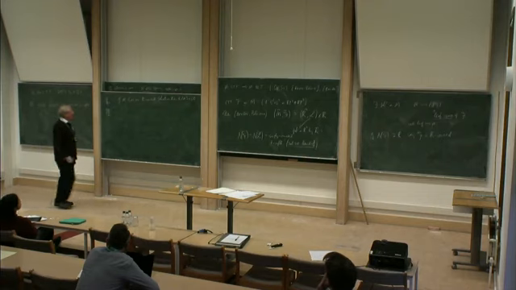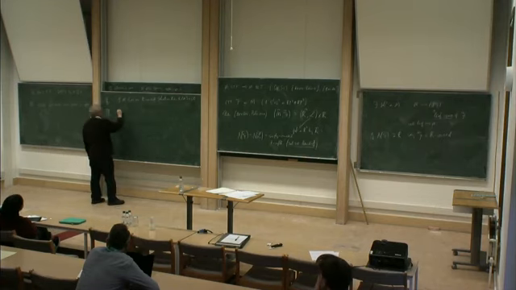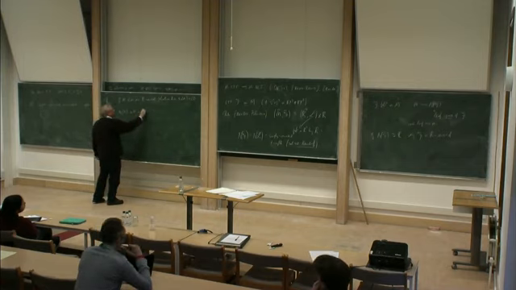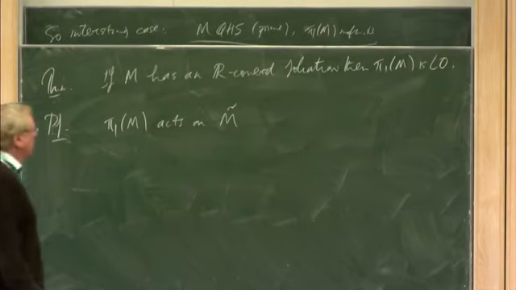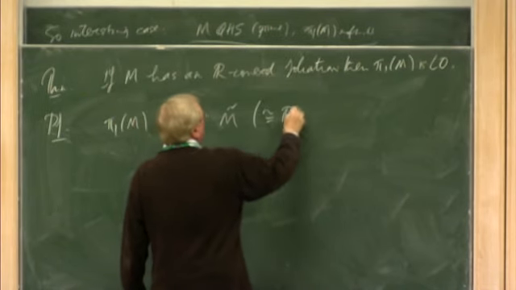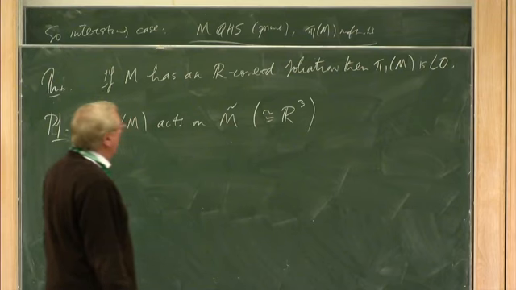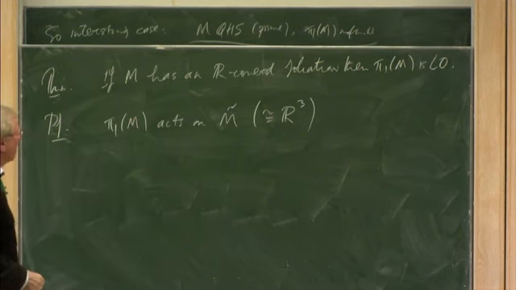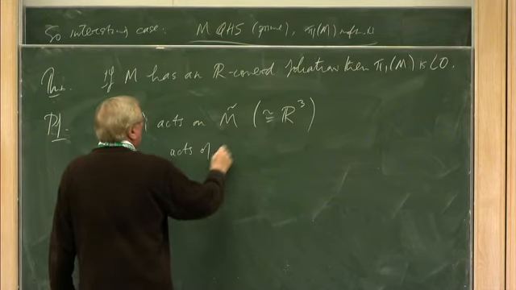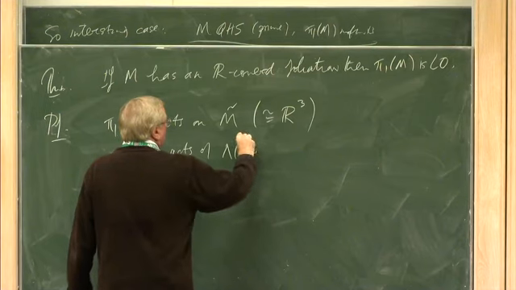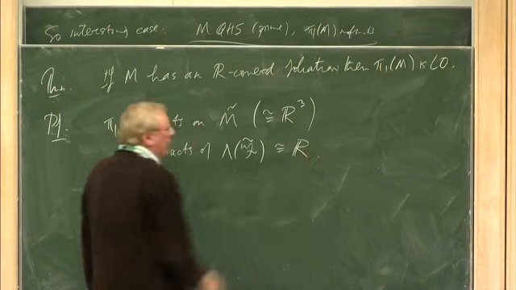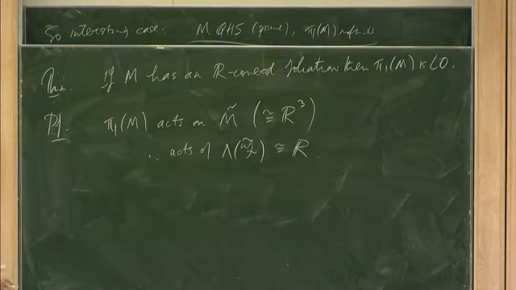If you have an R-covered foliation, the fundamental group acts on the universal covering, which of course is R^3, but it doesn't really matter so much. It acts on the leaf space of this lifted foliation, which we're assuming is R. So you get this action of the fundamental group on the leaf space.